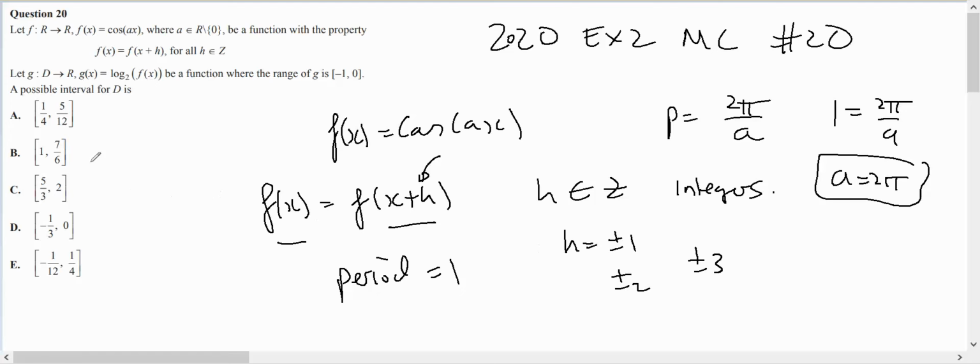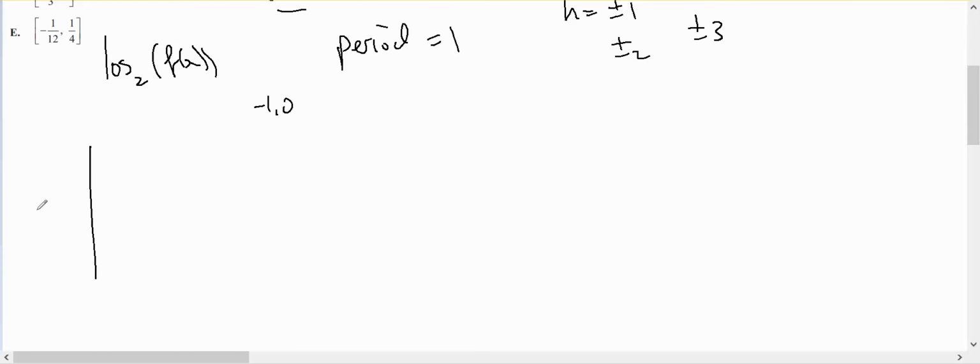Okay, I've got to have log base 2 of f of x has to have a range of -1 to 0. So if I look at the logarithm, log base 2 of x, this is what the graph looks like.